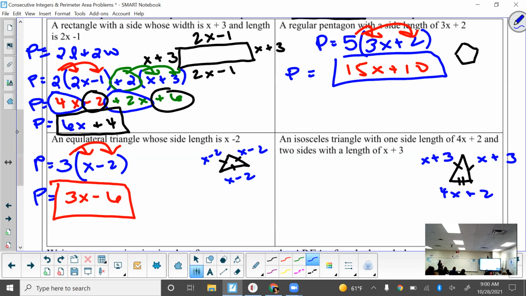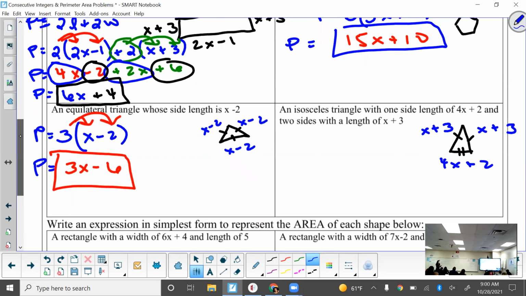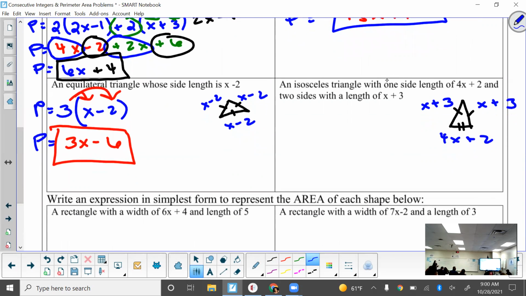So when I'm setting it up, I could write perimeter equals x plus 3 plus x plus 3 plus 4x plus 2. How else can I write it? 4x plus 2 plus 2 times. Good, and put the x plus 3 in parentheses. All right, and you can have that flipped. You can have 2 times the sum of x and 3 plus 4x plus 2.